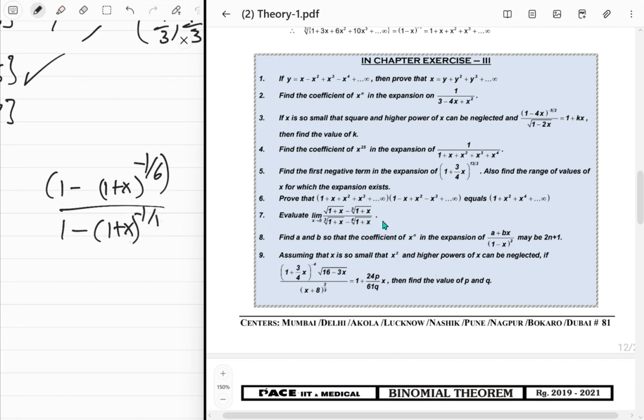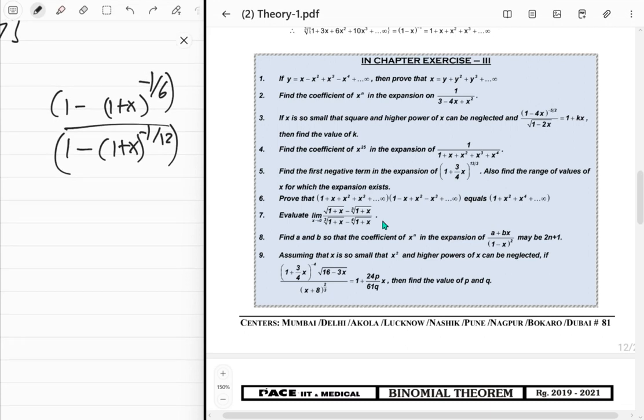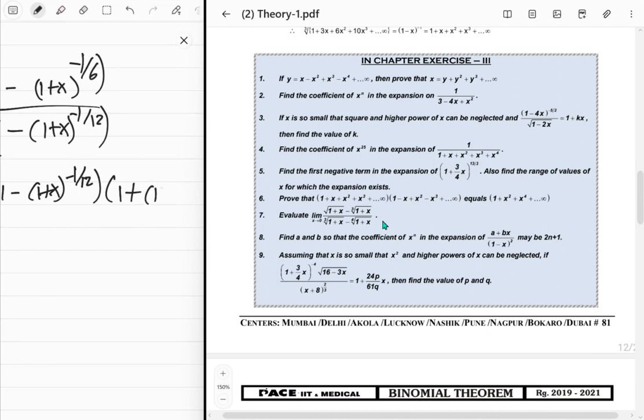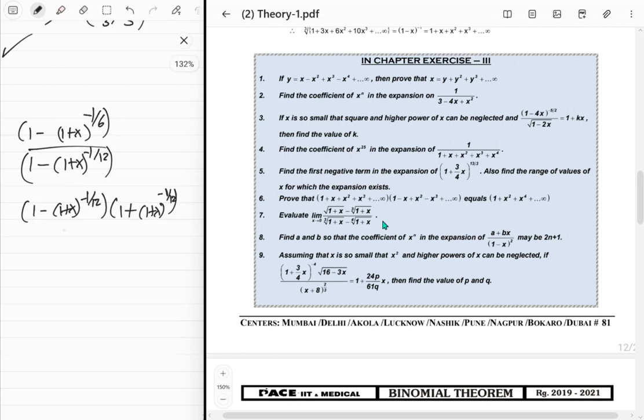-1/12, yes. And now think about it, this thing is just the square of this, right? Isn't that correct? So this actually can just be written as 1 minus (1 plus x) to the power -1/12, and then you got this times 1 plus (1 plus x) to the power of -1/12, right? I know they don't want us to be doing it like that, but whatever.